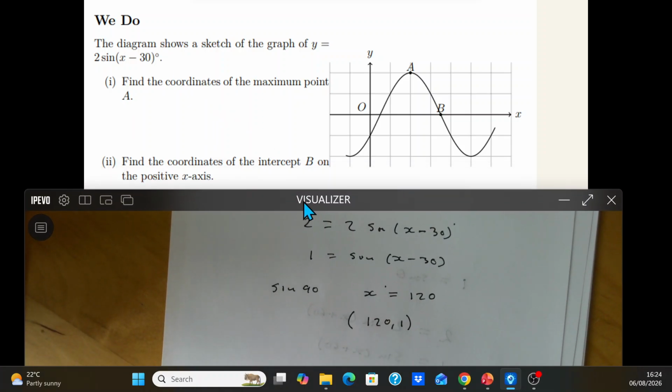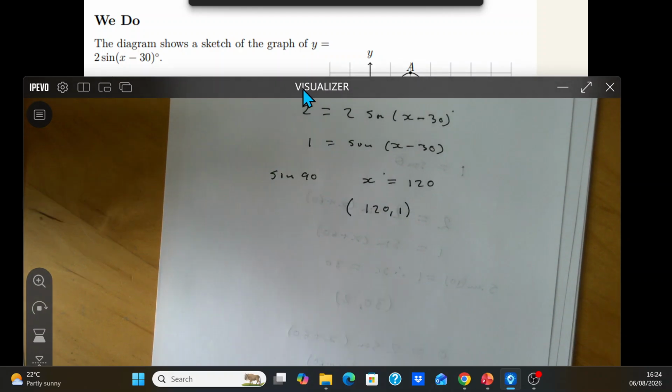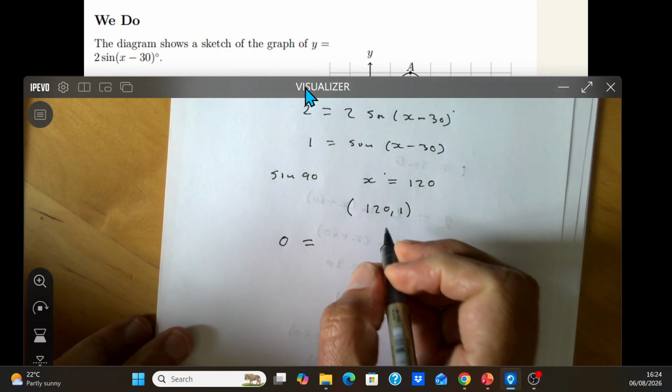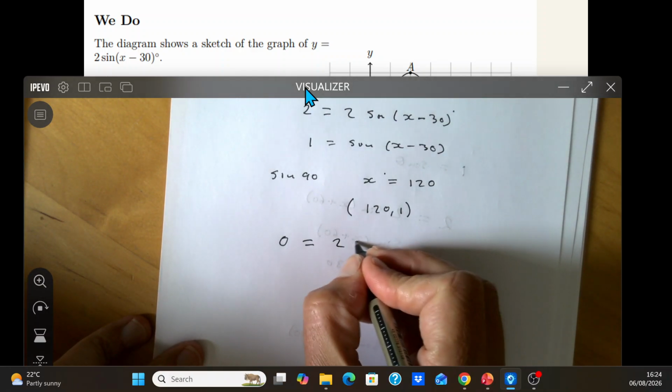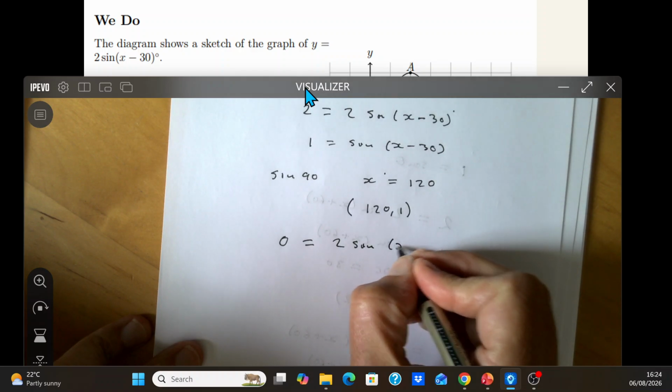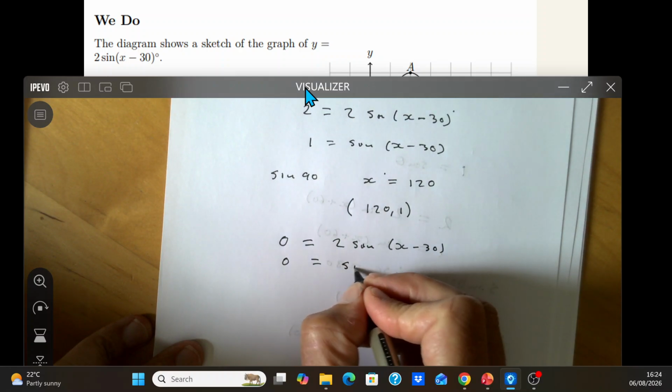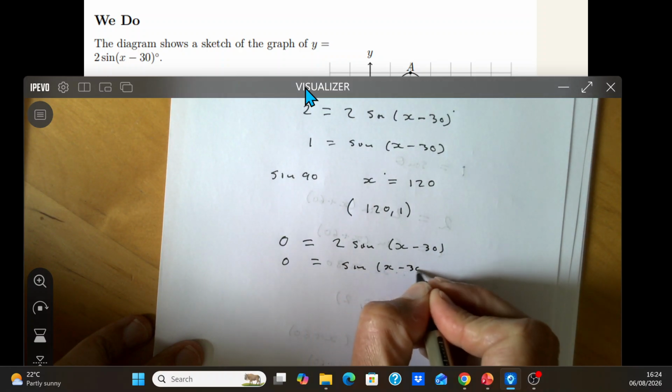Right, point B. So what is the y value of B? 0 equals 2 sine (x minus 30). So you know 0 equals sine (x minus 30).